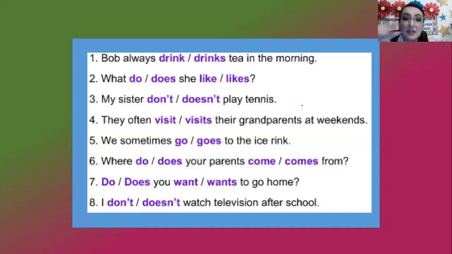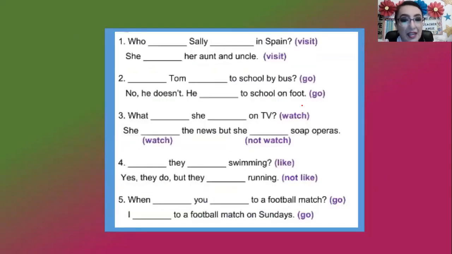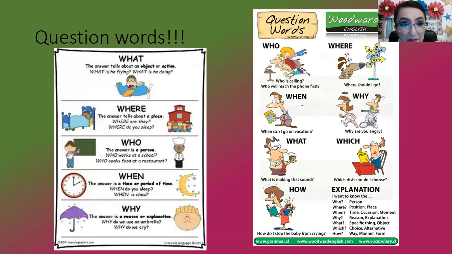For example, here you have extra exercises that are going to be super easy and super helpful in order to practice this. You will select which one of these is correct. You can choose this and let me know. And also this extra exercise: you need to complete the sentences with the verbs in the correct way.